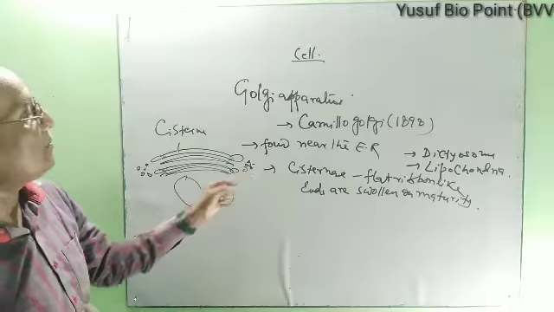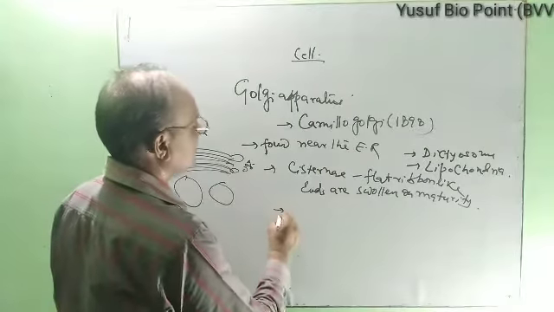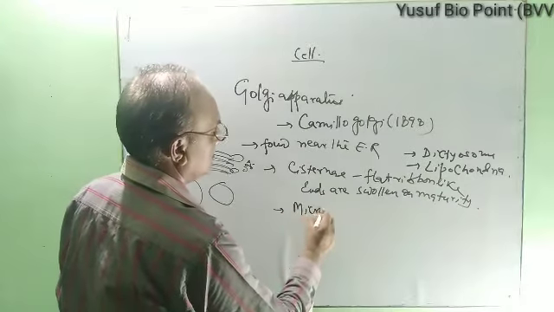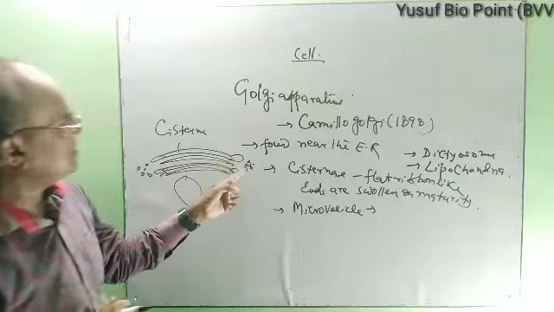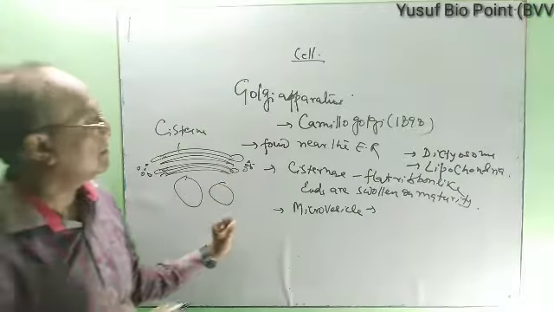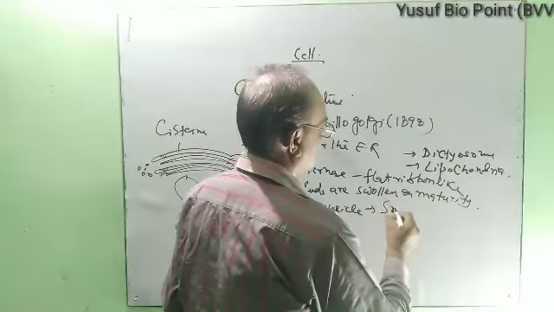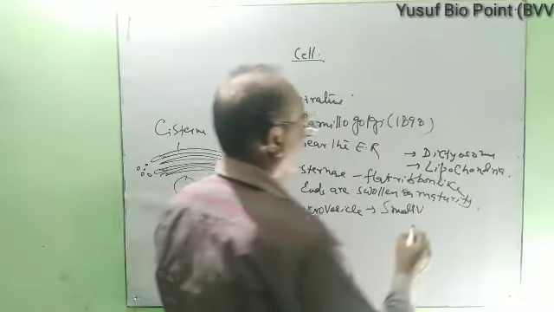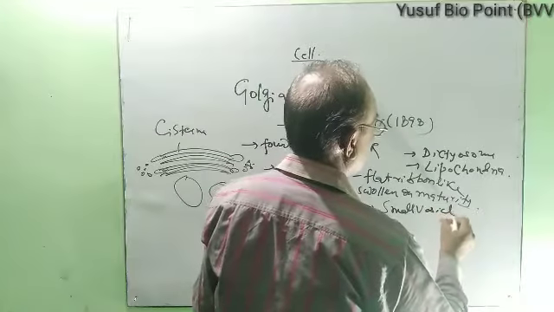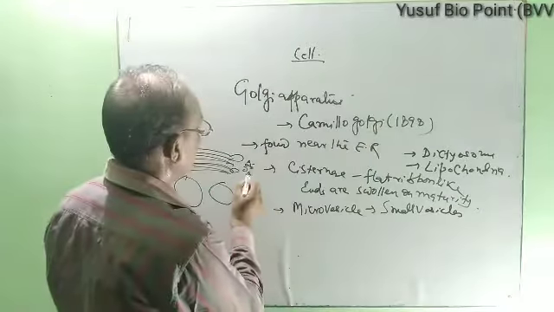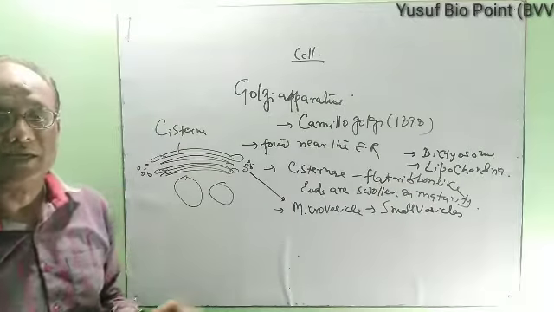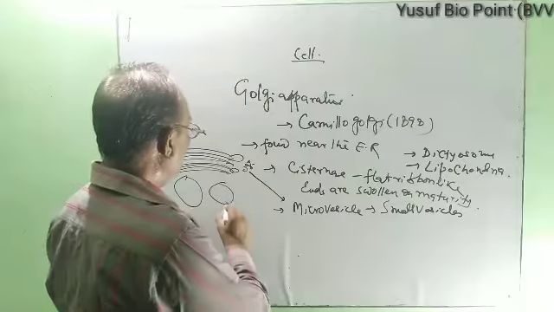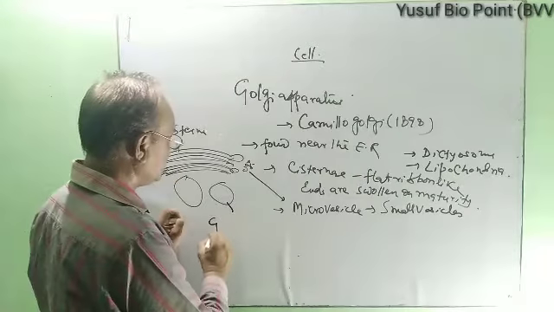The next part is microvesicles, small vesicles, and they help in secretion. And finally, the Golgi vacuoles are also present.